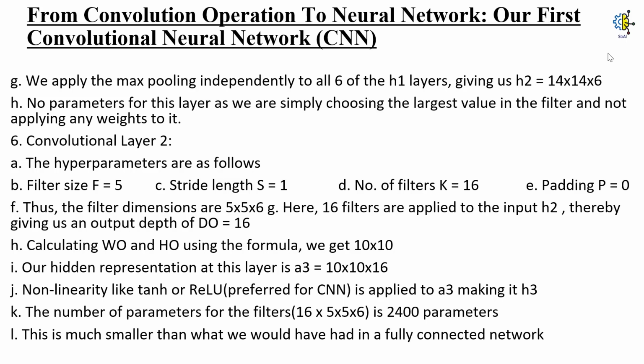Our hidden representation at this layer is A3. Non-linearity with tanh and ReLU, preferred for CNN, is applied to A3 making it H3. The number of parameters for the filters is 2400 parameters. This is much smaller than what we would have had in a fully connected network.